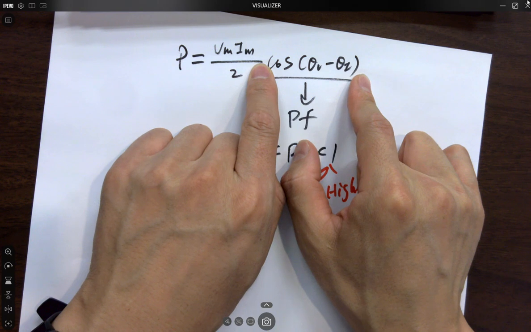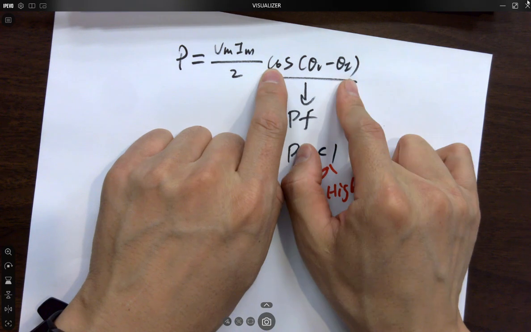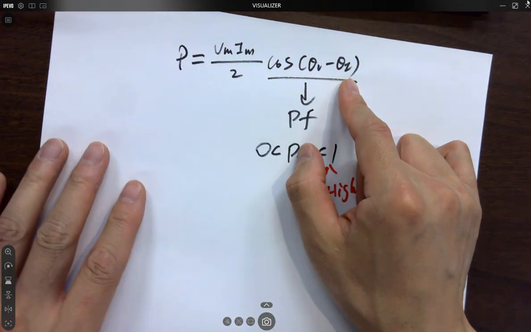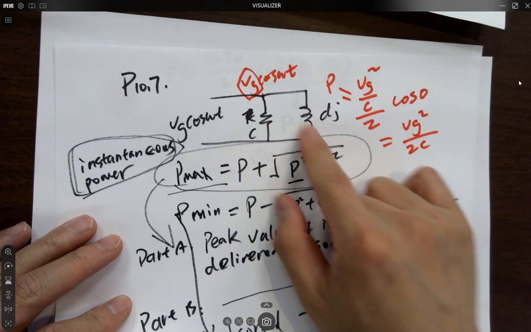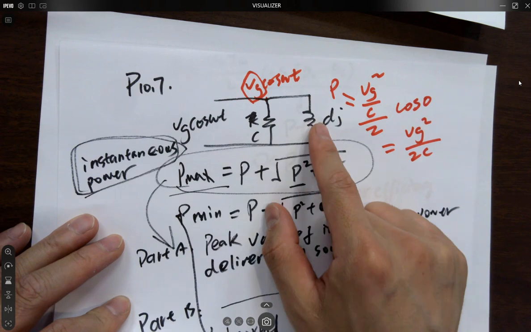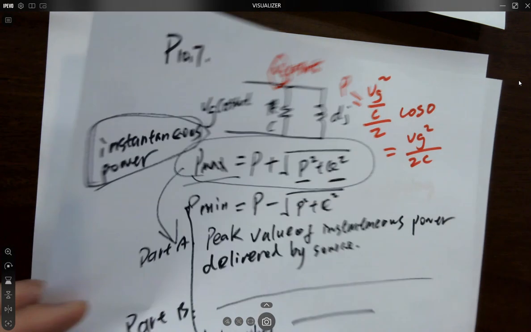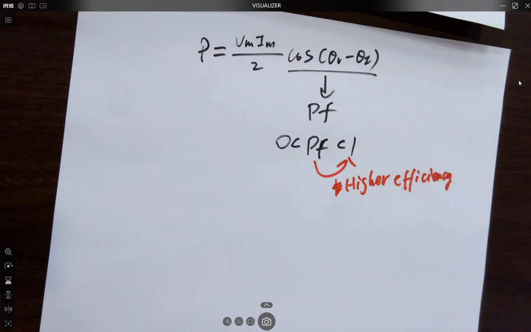So your power factor is 1 for resistors. That's the ideal case. But in reality you have inductive loads or capacitive loads, so your power factor won't be 1. You want to increase it to 1 as much as possible.